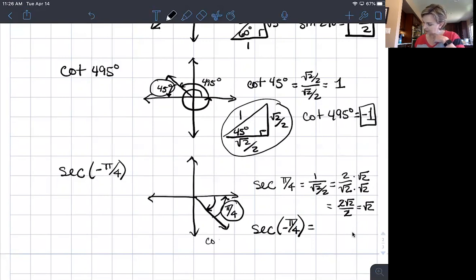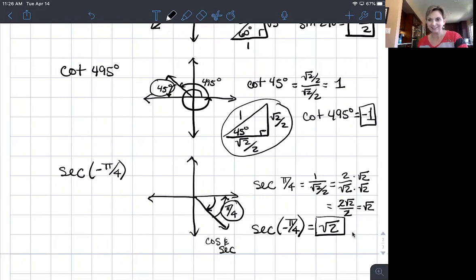So that means cosine and its reciprocal, which is secant, are positive in quadrant 4, everything else is negative. So that means that our answer is positive square root of 2. And there you have it.